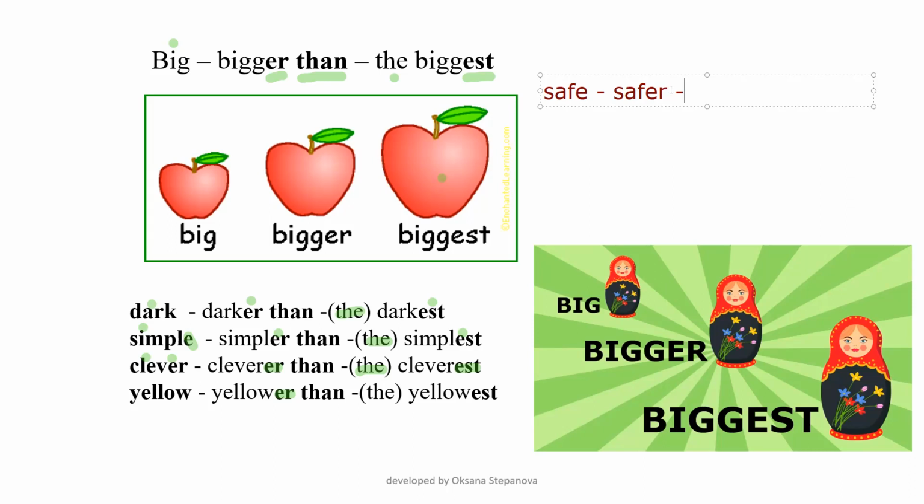So we add only one R in such a case, okay? And the superlative would be the safest country in the world. Yeah, Australia is the safest country in the world, or one of the safest countries.